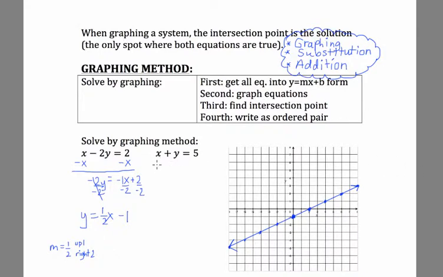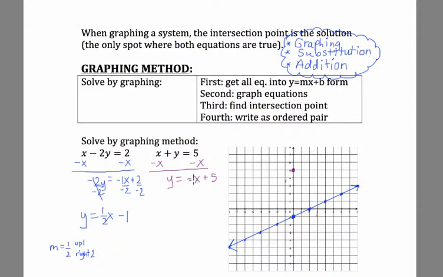Next equation, x plus y equals 5. Again, this is in general form. I need it in slope-intercept form. I need to solve for y. This one's faster. So we'll graph it. My b number, my y-intercept, is 5.